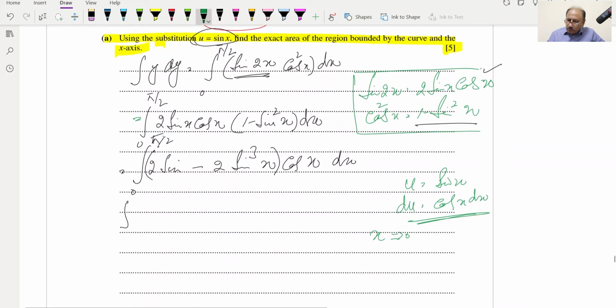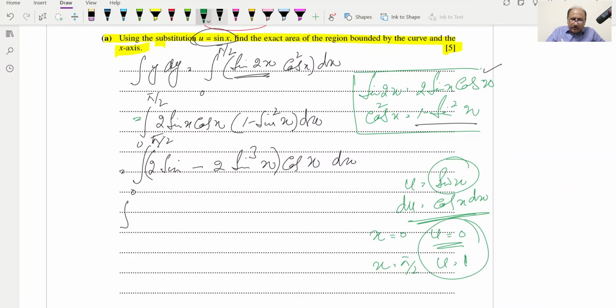When x is equal to 0, u will be equal to sine 0, which is 0. And when x is equal to pi by 2, u will be equal to sine pi by 2, which is 1. So our new limits for u will be 0 to 1.